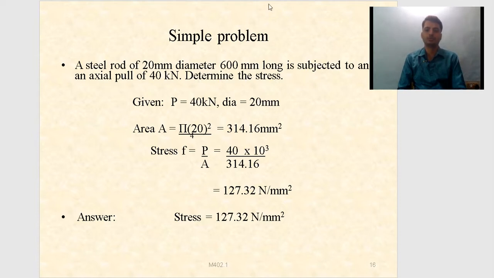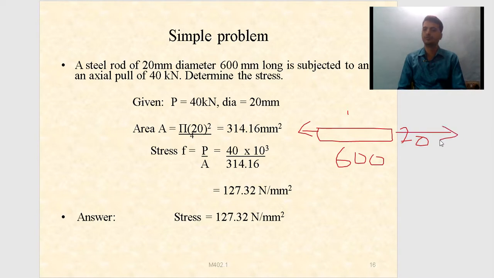See, a steel rod of 20 mm diameter, like this is a steel rod of 20 mm diameter, and 600 mm long, is subjected to an axial pull load of 40 kilonewtons. Determine the stress.